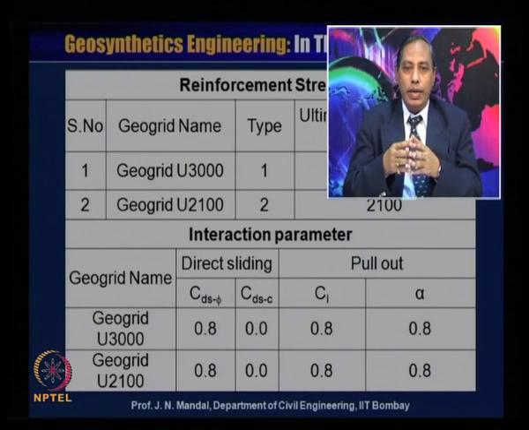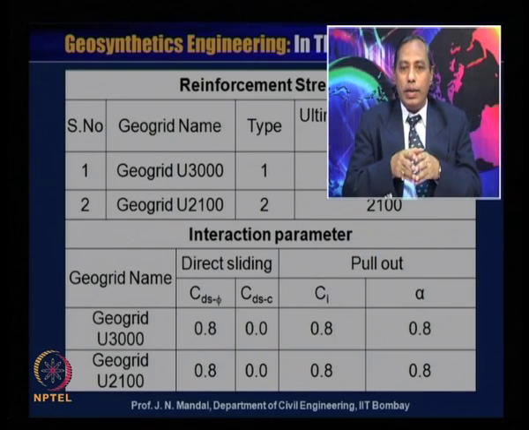So for direct sliding, what should be the C_ds phi for GeoGrid U3000 is 0.8 and GeoGrid 2100 is 0.8, and for the direct sliding cohesion, that is 0 and 0. But for pull out, Ci for GeoGrid 3000 is 0.8, alpha value also 0.8, GeoGrid 2100 Ci is 0.8 and alpha is 0.8.